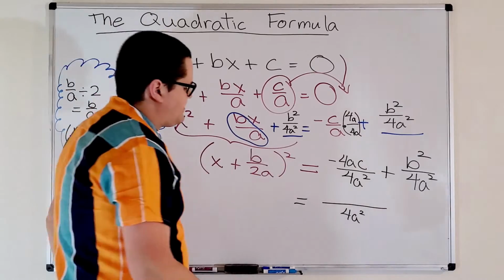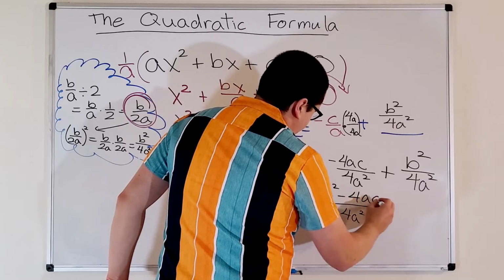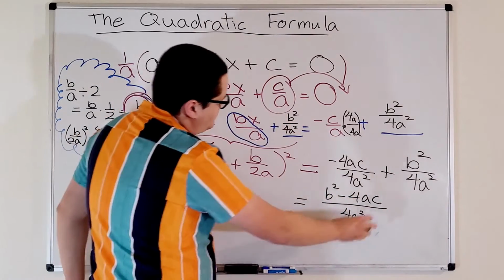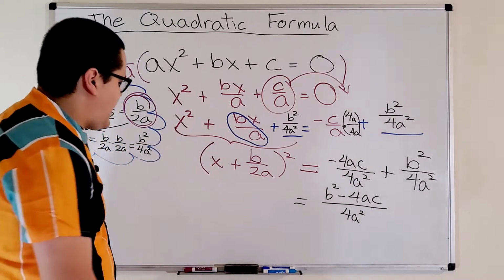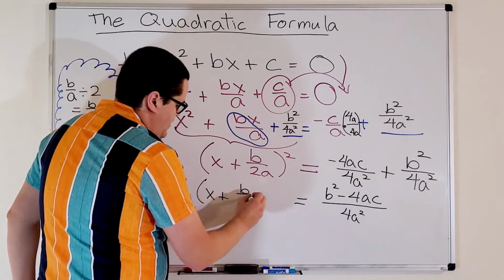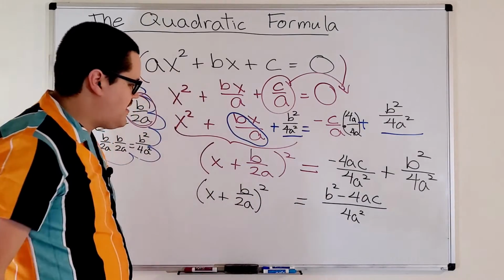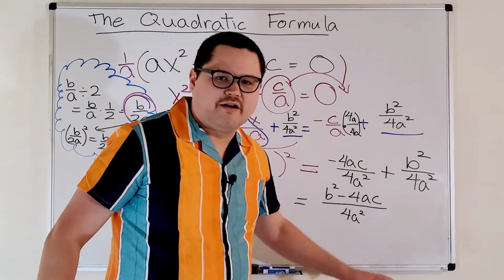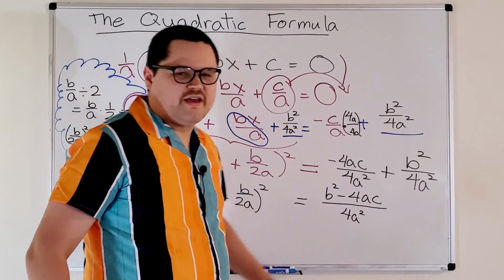B squared minus 4ac. And downstairs, of course, we have the same denominator, 4a squared. So we have x plus b over 2a, quantity squared, equals b squared minus 4ac over the quantity 4a squared.